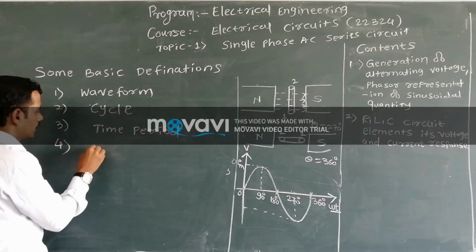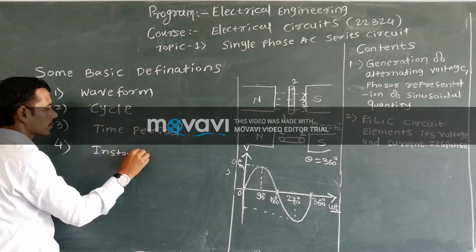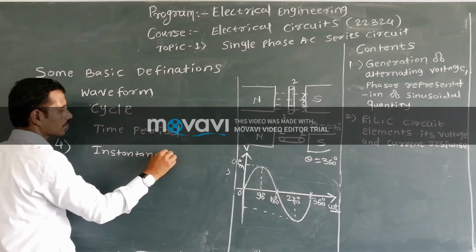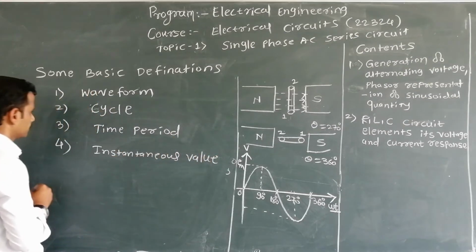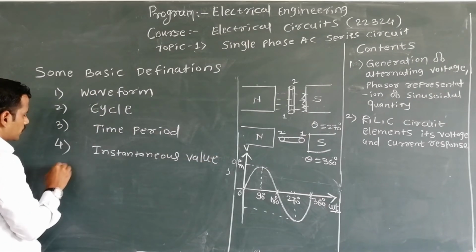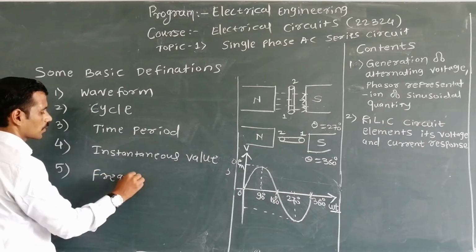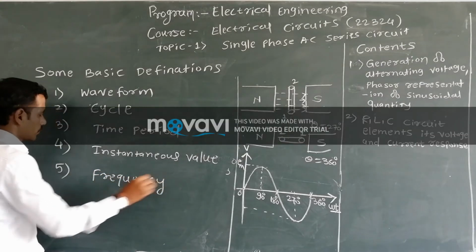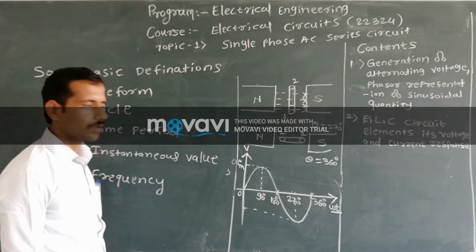Fourth definition, instantaneous value. Fifth definition, frequency. First we will see these 5 basic definitions.